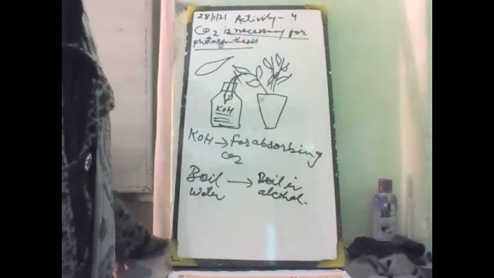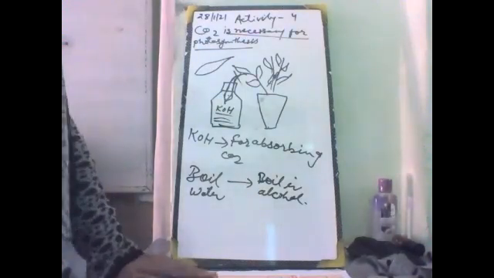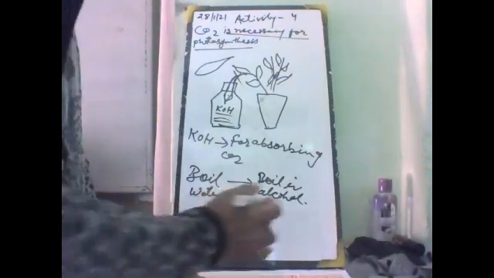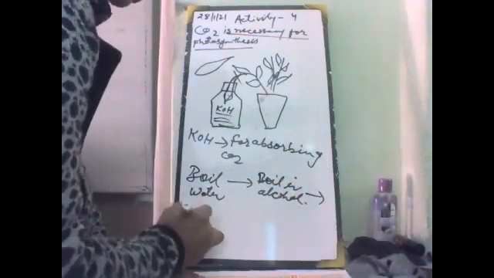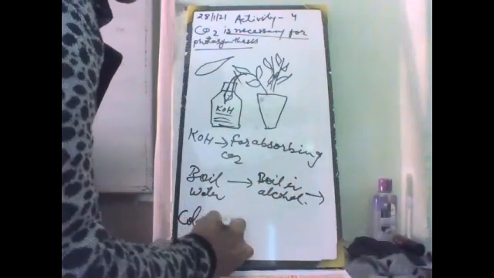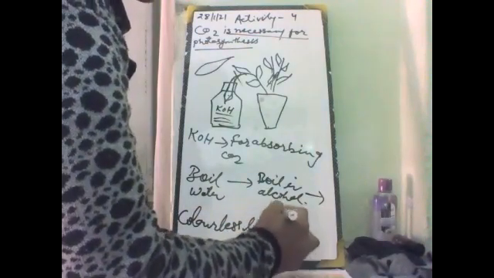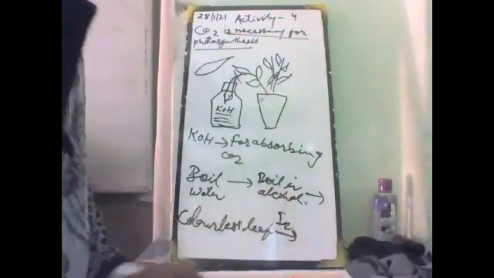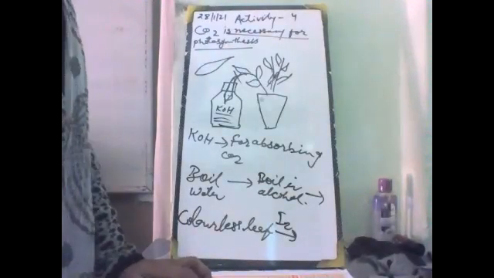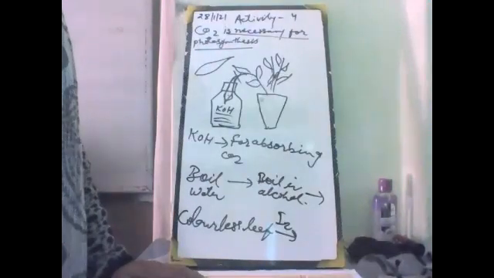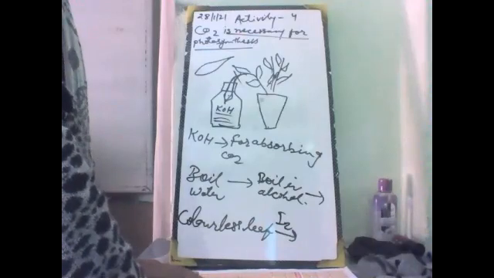Now we get a colorless leaf. Add a few drops of iodine solution over the colorless leaf.